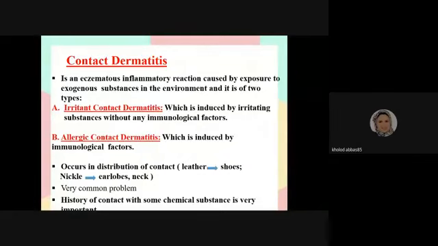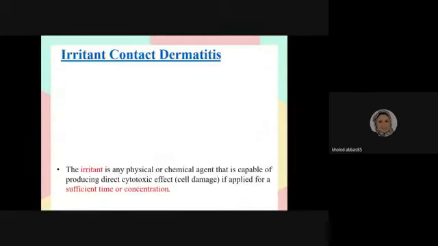We can see common sites for contact dermatitis. Contact dermatitis is a very common problem. Usually history of contact with some chemical substance or any specific material is very important. We search for that history of contact.